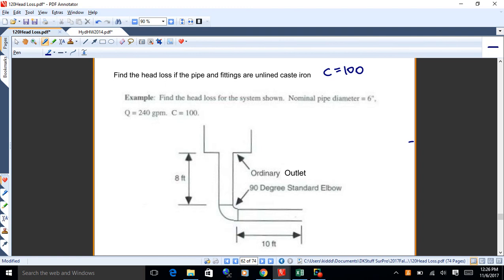All right, so let's see what the values for these things are going to be. You go to page 123 and look at an elbow, 90-degree standard. It looks like L over D is 64.